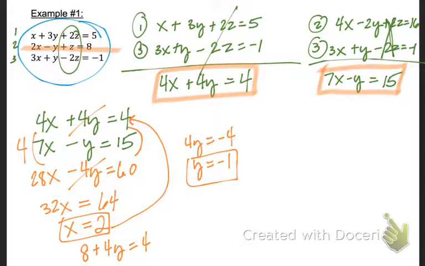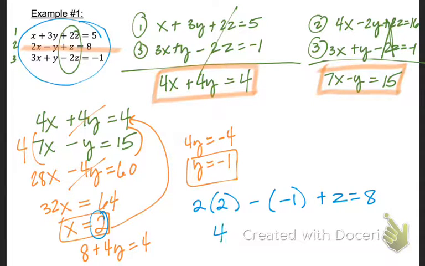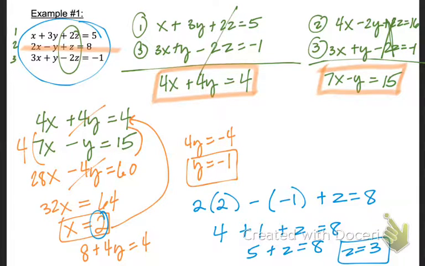So let's go ahead and plug x and y into the second one, which would be 2 times 2, because we said x is 2, minus -1, minus a negative would be plus 1, plus z equals 8. So 4 plus 1, z equals 8. So z equals 3. My final answer, see, I told you this is really satisfying. My final answer would be in an ordered trio, which would be 2, -1, 3.